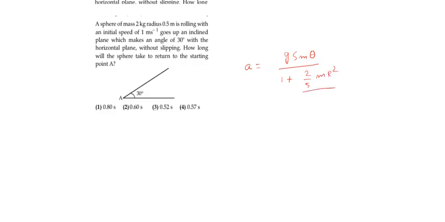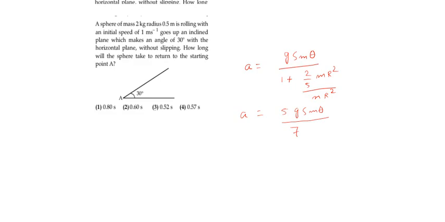So for a solid sphere, MR square will cancel. It will come as 5g sin theta by 7. This will be the acceleration of the sphere along the plane.